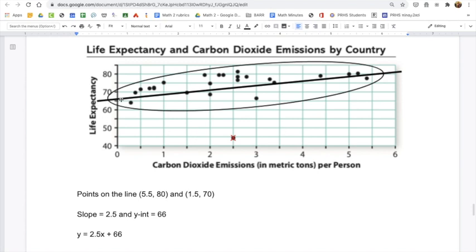This line, we can see, has a positive slope, and it cuts right through the middle of the oval, through the data points. And we can get some information about that line. For example, if we pick 2 points on the line, like 5.5, 80 right here, and 1.5, 70, notice that that's actually one of the data points, then we can calculate slope.